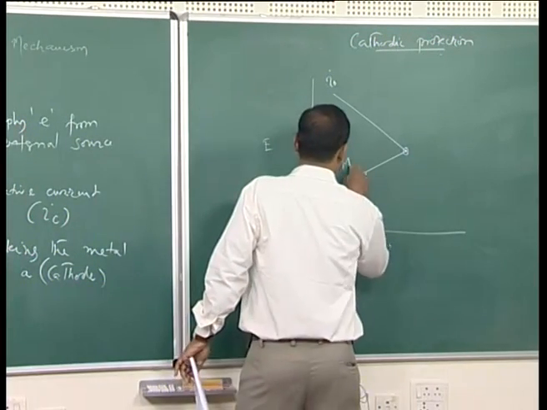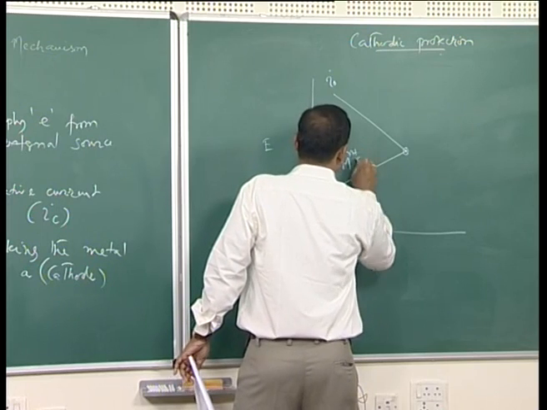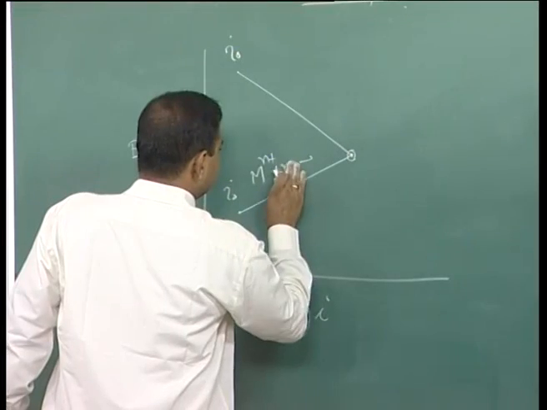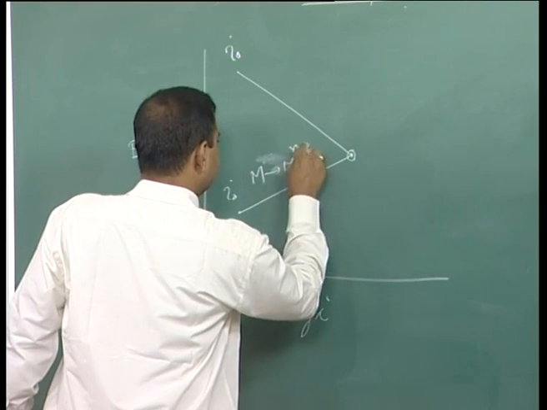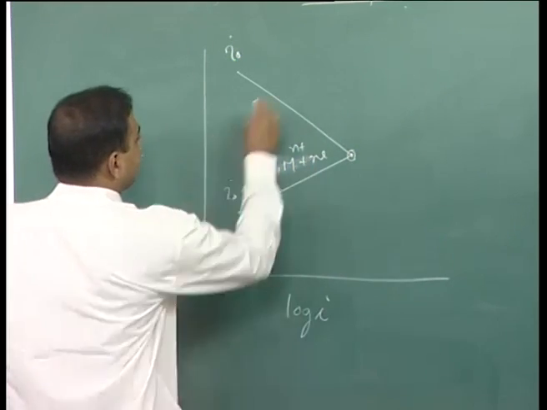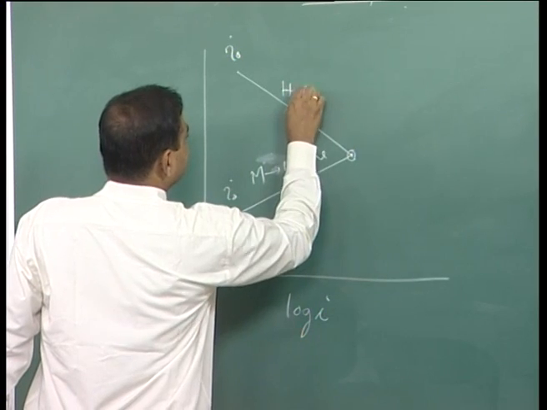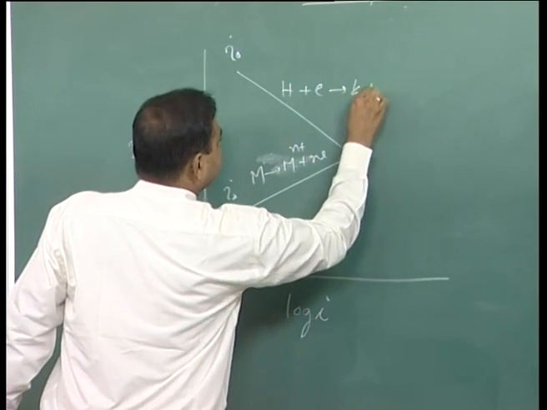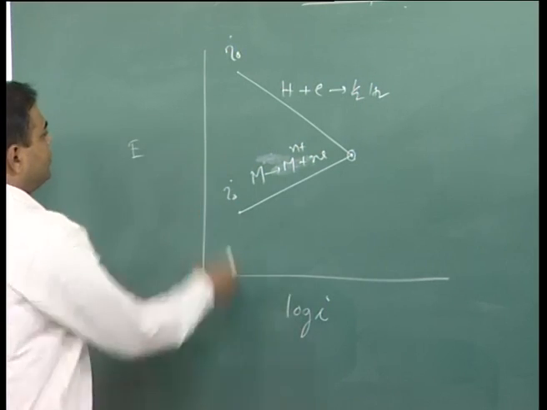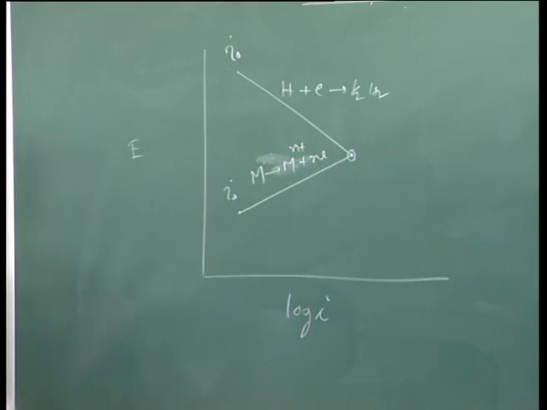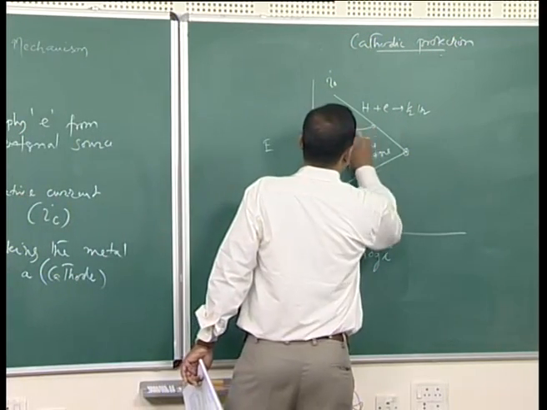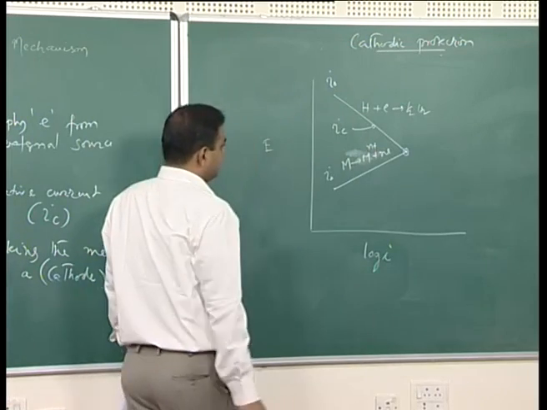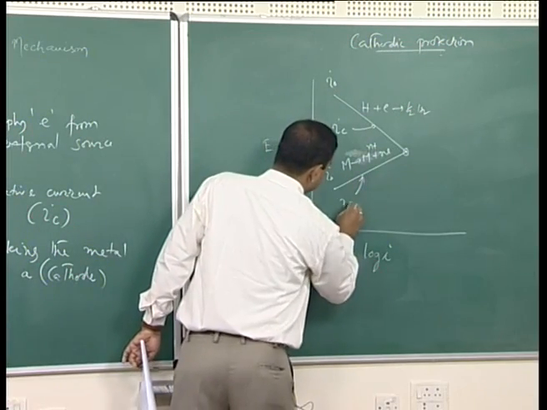So, this is M going to M n plus plus n e, and this is H plus plus e going to half H 2. So, this is cathodic polarization, this is anodic polarization. And we have also learned that cathodic polarization corresponds to I c and anodic polarization corresponds to I a.